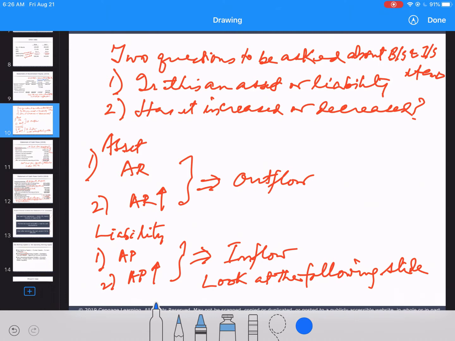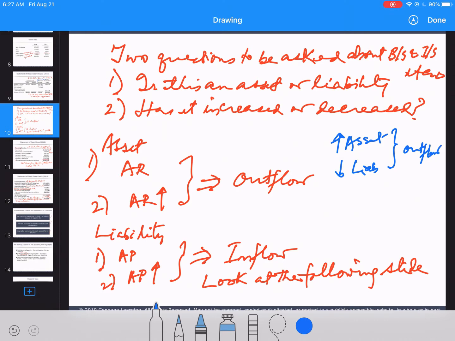An increase in an asset is an outflow, and a decrease in a liability is an outflow also. So an asset increase and a decrease in a liability are both outflows.